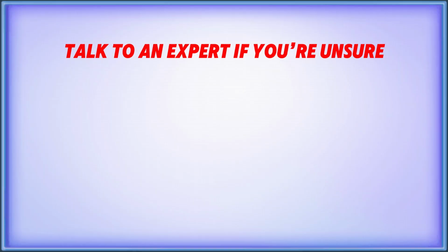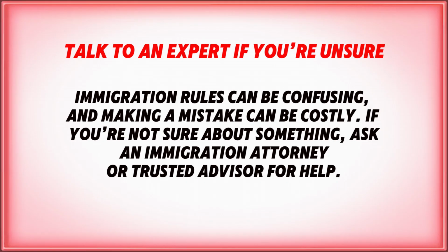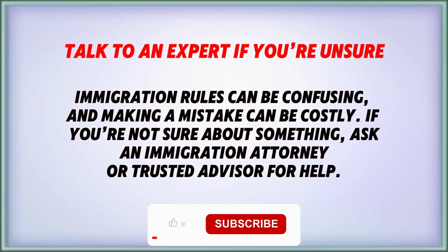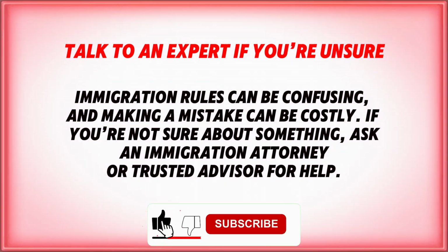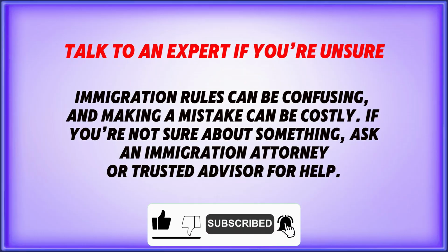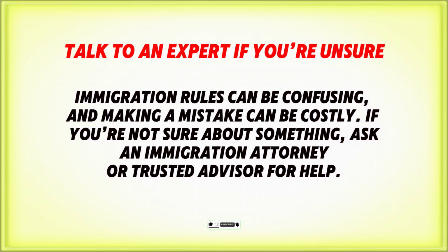Third, talk to an expert if you are unsure. Immigration rules can be confusing and making a mistake can be costly. If you are not sure about something, ask an immigration attorney or trusted advisor for help. Traveling without the right document can put your immigration status at risk, so be careful and plan ahead.